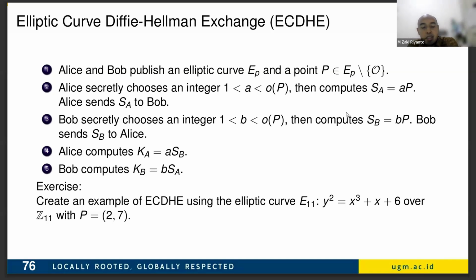Then Alice computes key KA, that is a(bP), and Bob computes KB, that is b(aP). Here, we have that the key KA is equal to KB. Yeah, you can prove it. It is very simple. Therefore, Alice and Bob agree on the same key, that is KA equals KB.